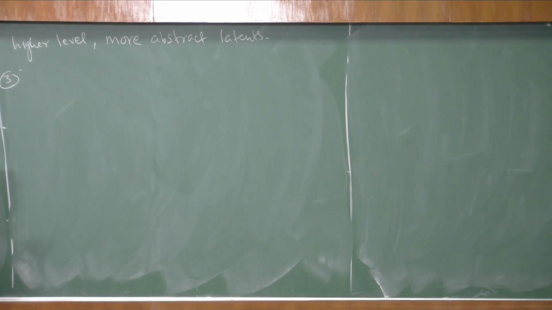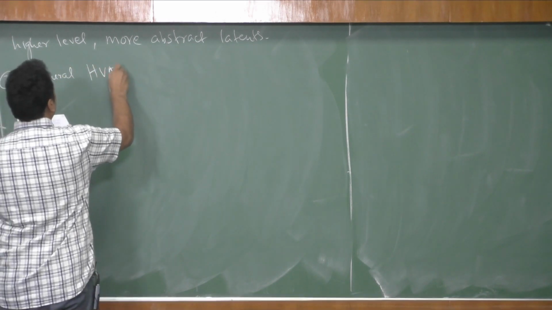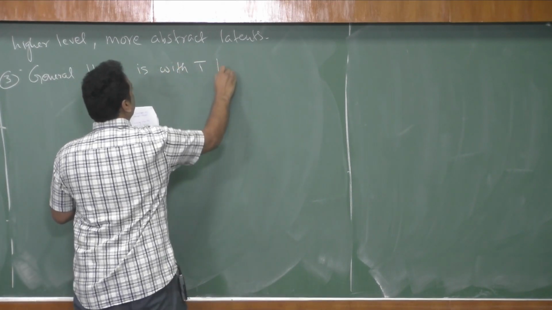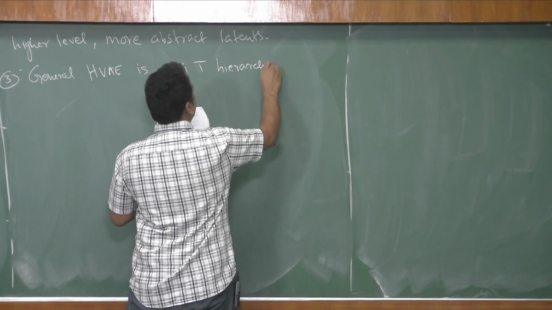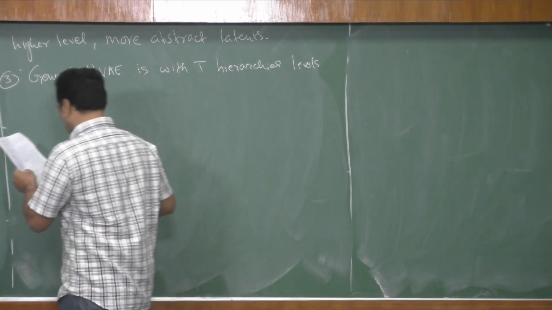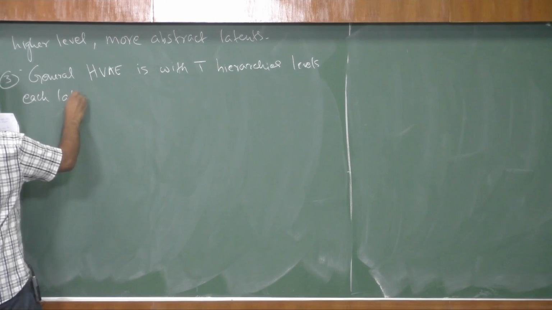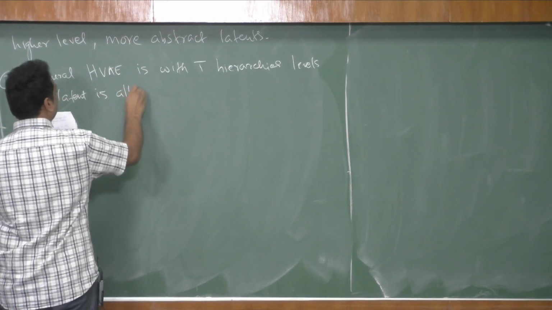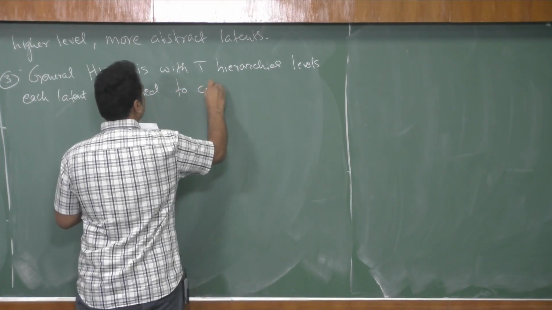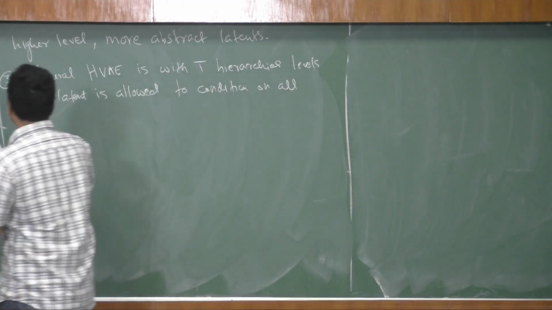So a most general HVAE is with T hierarchy levels, and each latent is allowed to condition on all previous latents.